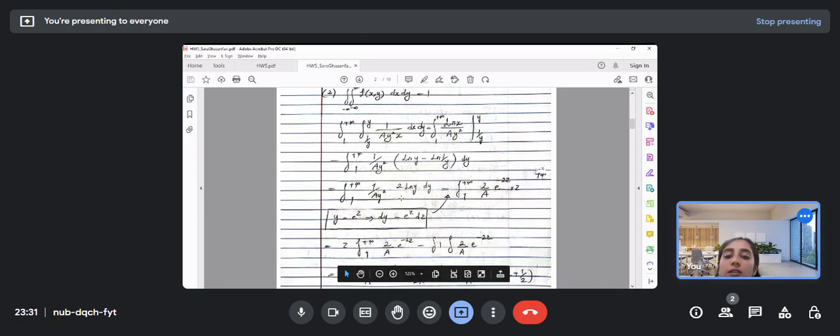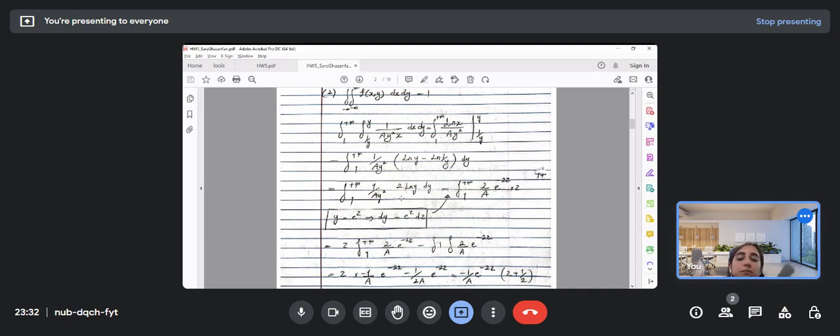For solving this, we do some reparameterization because ln is a little bit hard to integrate. I define another parameter z, where y equals e to the power of z, and dy is equal to e to the power of z dz.